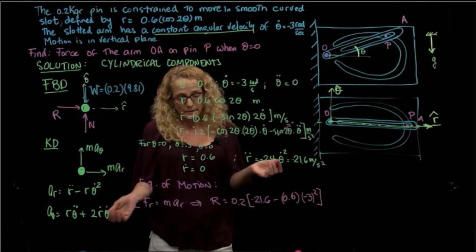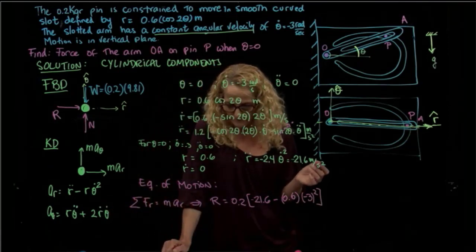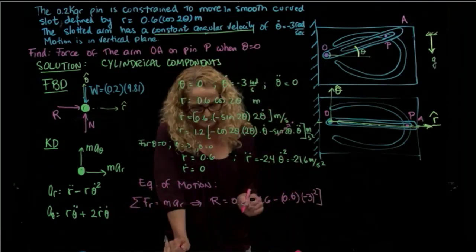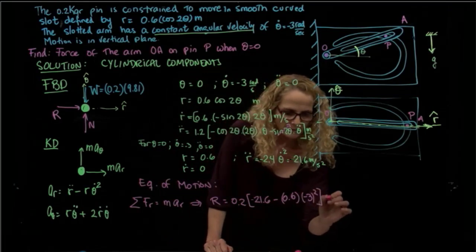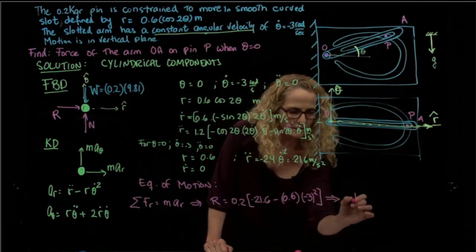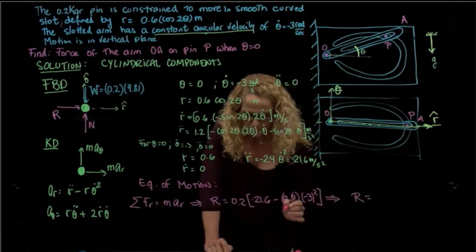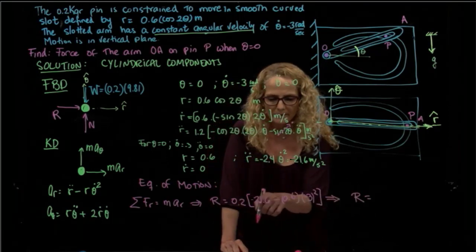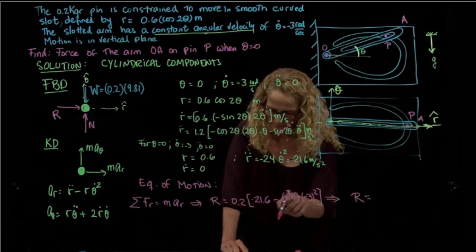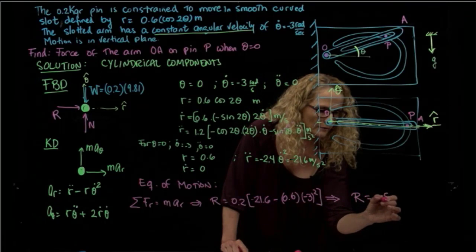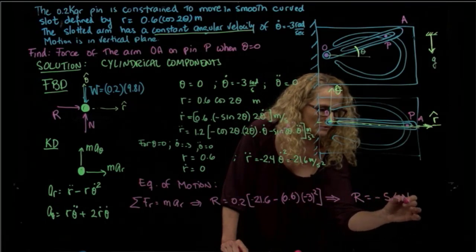From here we can get R right away. That gives us R equal to 0.2 times this expression, which gives negative 5.4 newtons.